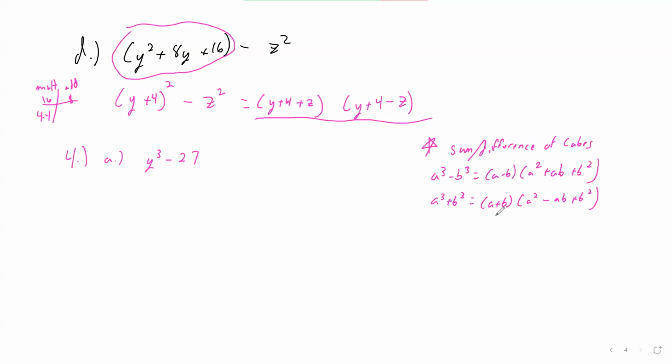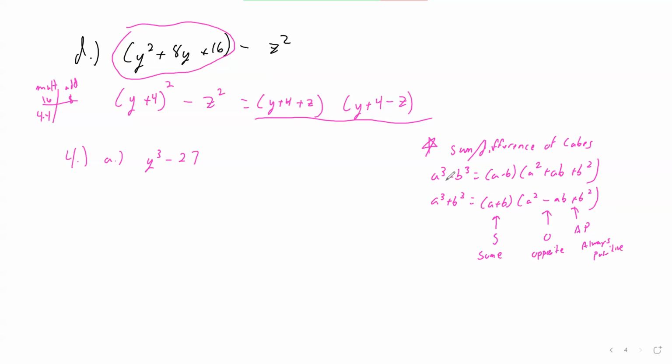To help you remember the signs, we have this thing called SOAP. S stands for same. O is opposite. And AP is always positive.